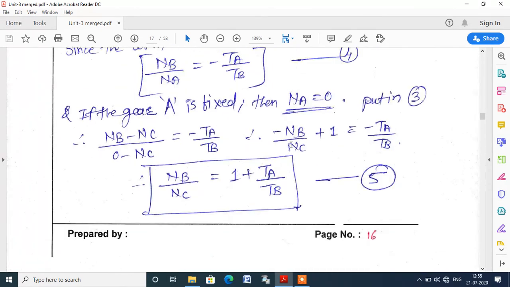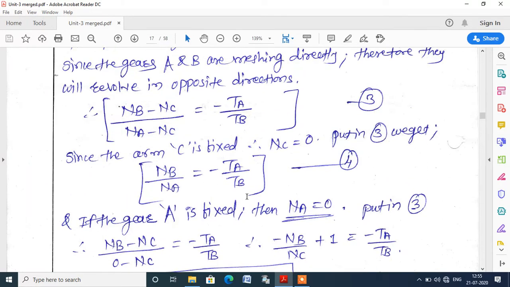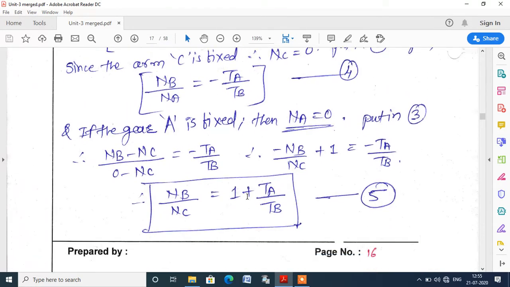So this way we have to calculate various speed ratios by using the algebraic method. This is also a simple one, but it requires some time. So as compared to algebraic, the tabular method is very easy. So you can solve any problem by using the tabular method.